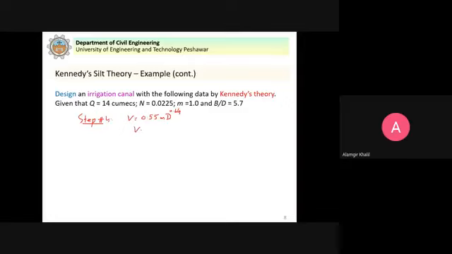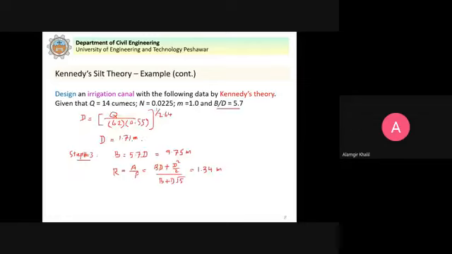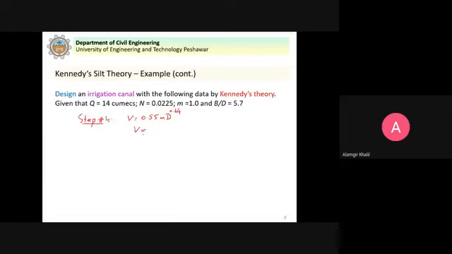You can put the values: m is equal to 1 and D we have calculated as 1.71 meter. So velocity comes out to be 0.775 meter per second.